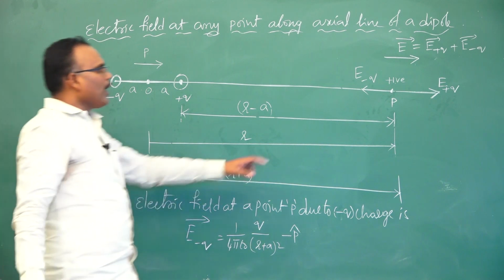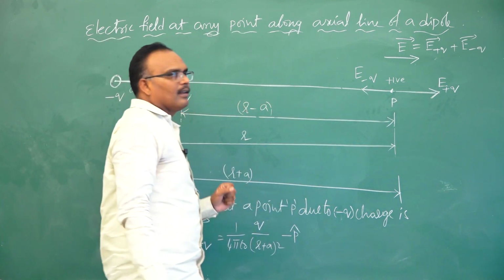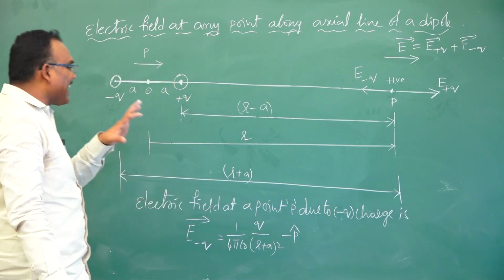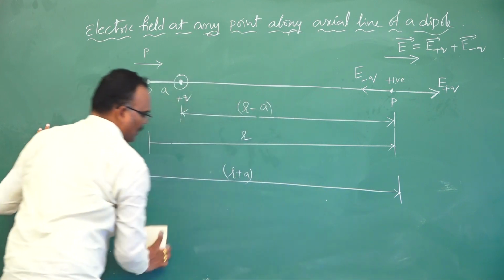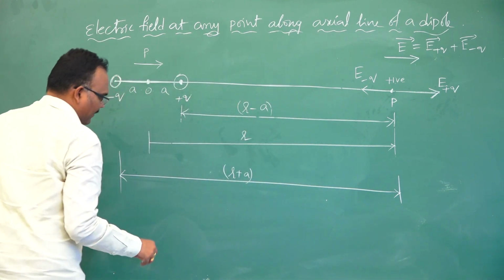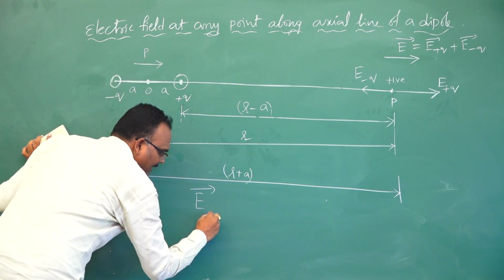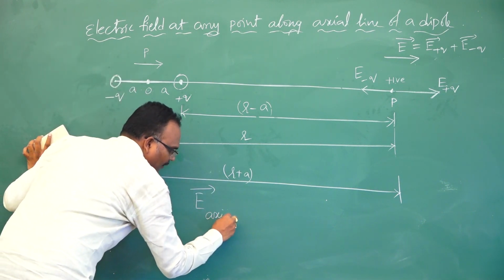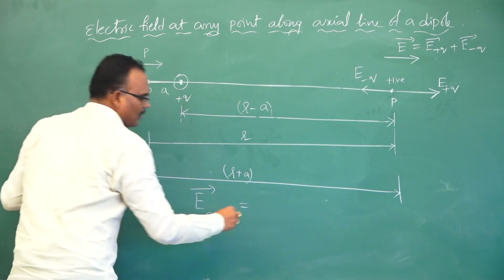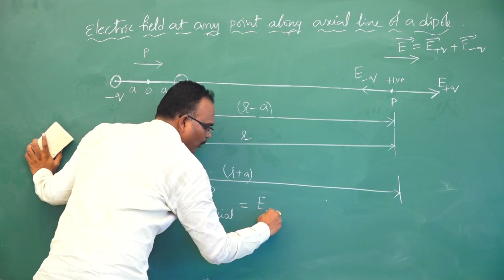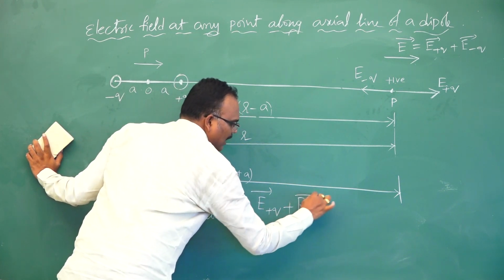Now I know at this point the electric field due to positive charge as well as negative charge, so I have to calculate the net electric field. Net electric field is the electric field along the axial line. Electric field due to positive charge as well as electric field due to negative charge, both I have to add.